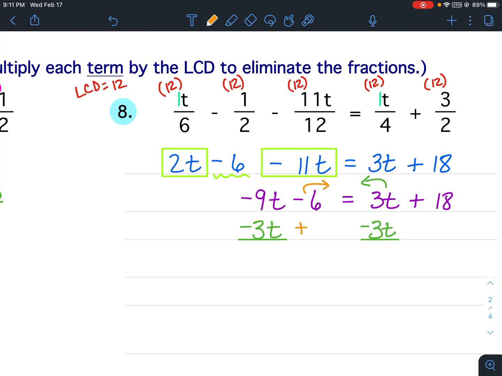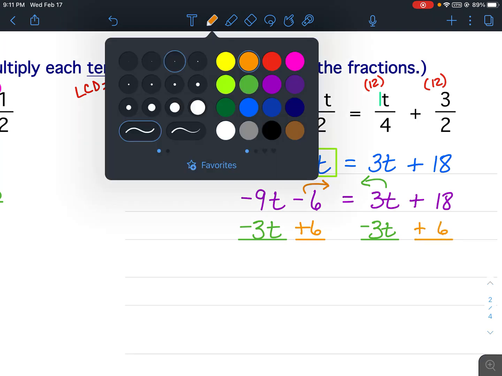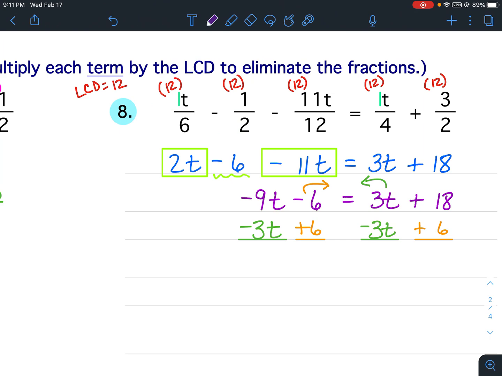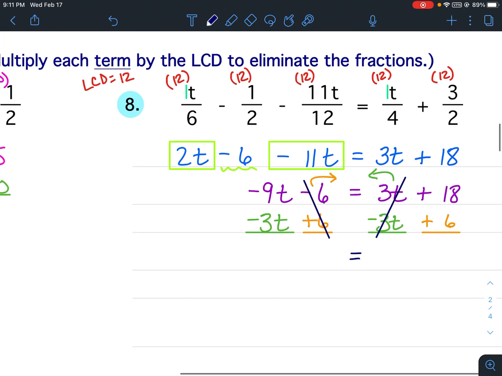It's negative, so I'm going to make it positive. So that allows me to cancel my constant terms on the left, my variable terms on the right. And that is all of the farther I'm going. You're going to need to finish the problem on your own.